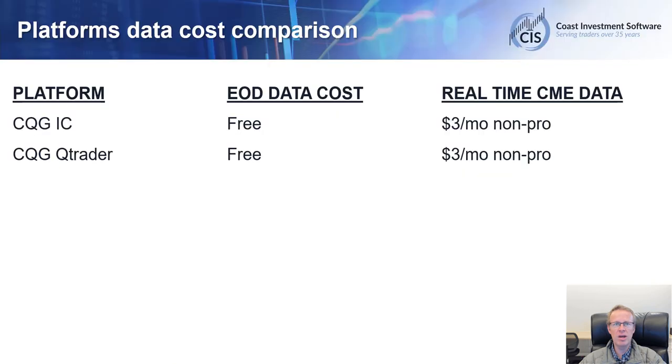And then looking at NinjaTrader, end of day data is free in this one. Real-time data is also free if you have an account with them, with Ninja Brokerage, or if you already pay your exchange fees at Interactive Brokers, then you can just stream that data into NinjaTrader as well.